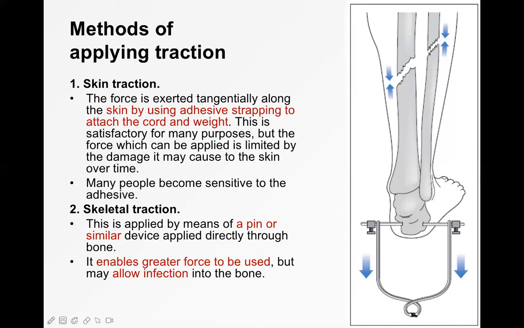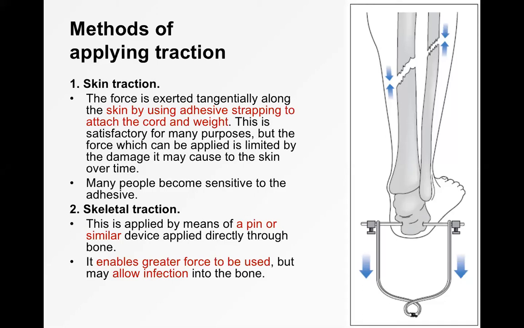So they put some tape on the skin, and with the help of that adhesive tape or strapping, they attach some weight there. That weight will constantly pull the bone distally, and that will act as a traction. That is called skin traction.